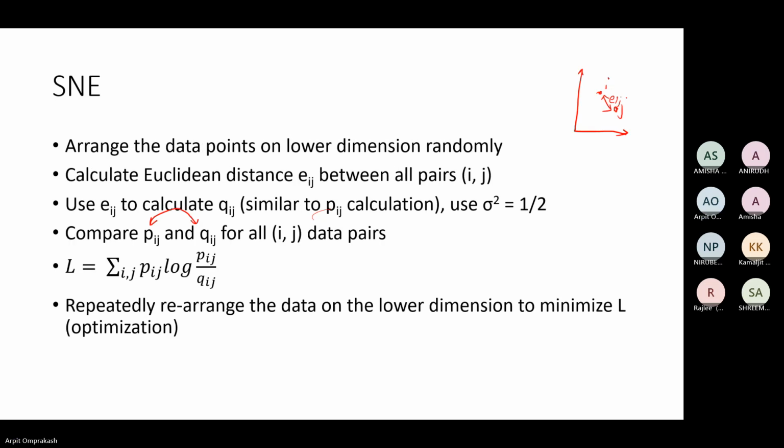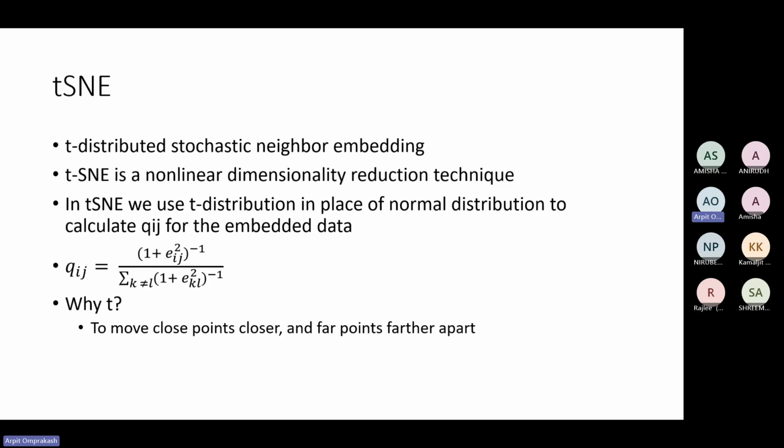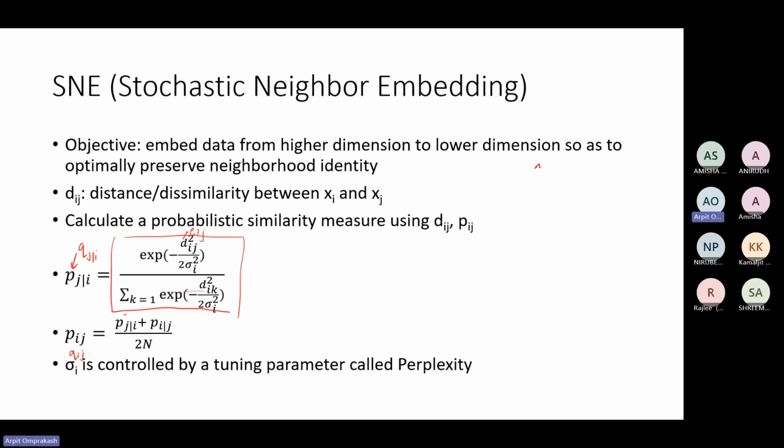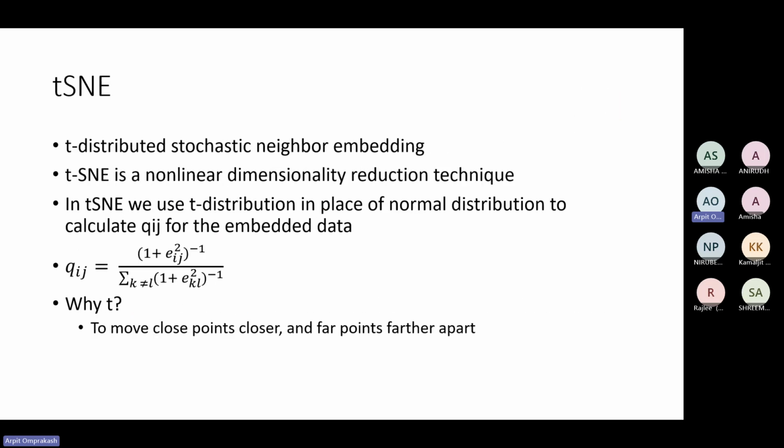Okay. So this is basically stochastic neighbor embedding. TSNE is basically T-distributed stochastic neighbor embedding. Okay. So this is also a non-linear dimensionality reduction technique, which has the same objective, which basically embeds data from higher dimension to lower dimension by preserving the neighborhood identity.